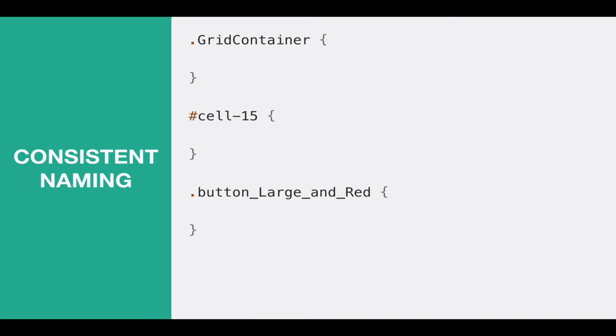Do we use underscores? All of that matters. When you're consistent, it makes it much easier to remember your class name or your ID name. A better way would be like this, where we're keeping consistent. We're using dashes, which is what I would recommend. Use dashes between your words, using all lowercase for your class names.